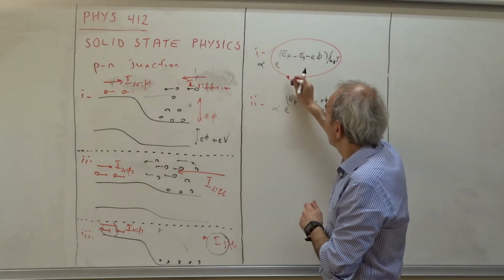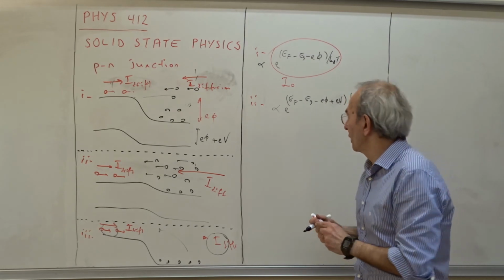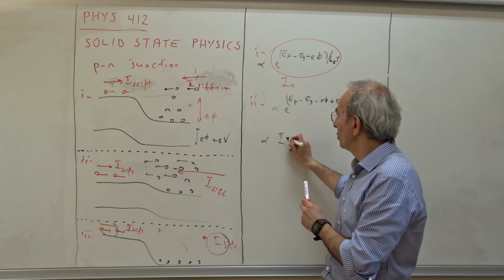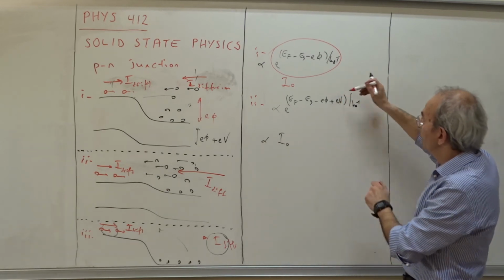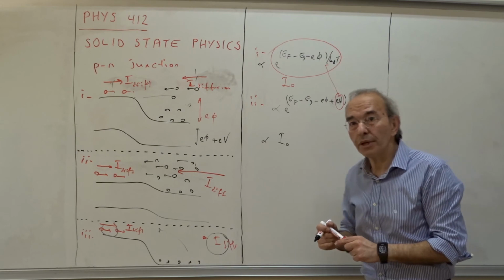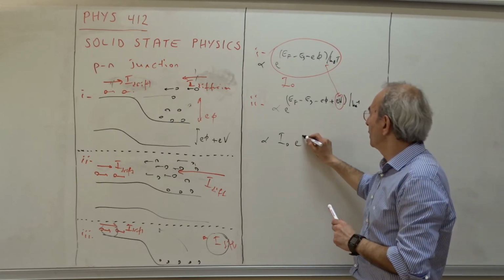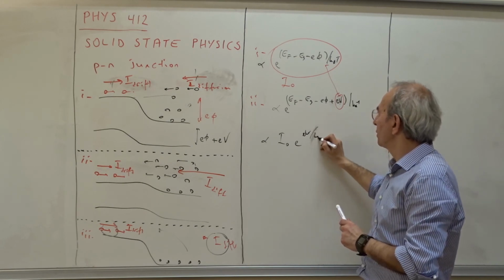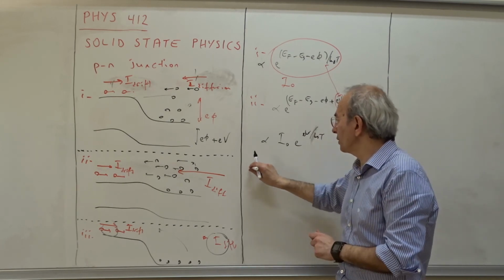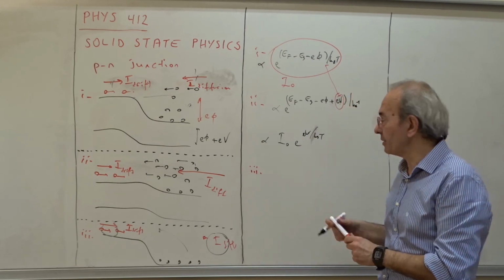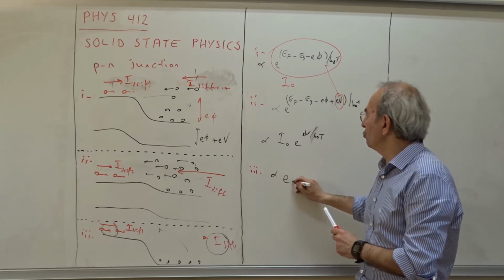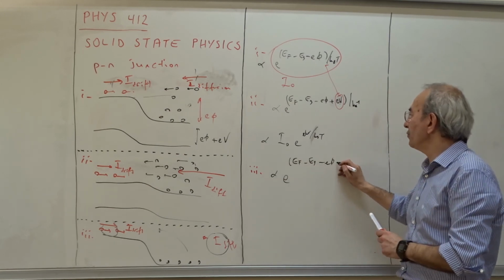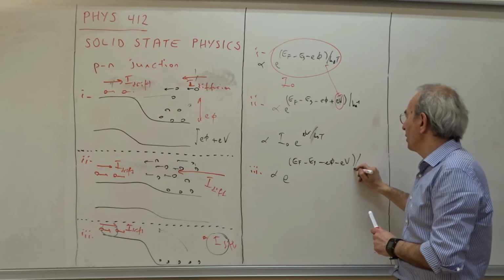Let's call this, for instance, I0. So here we have something proportional to previous I0 and this additional part. This additional part does not appear here. I0 e to the EV over kBT. But in the third case, reverse bias case, we have e to the EF minus EG minus E phi minus EV over kBT.